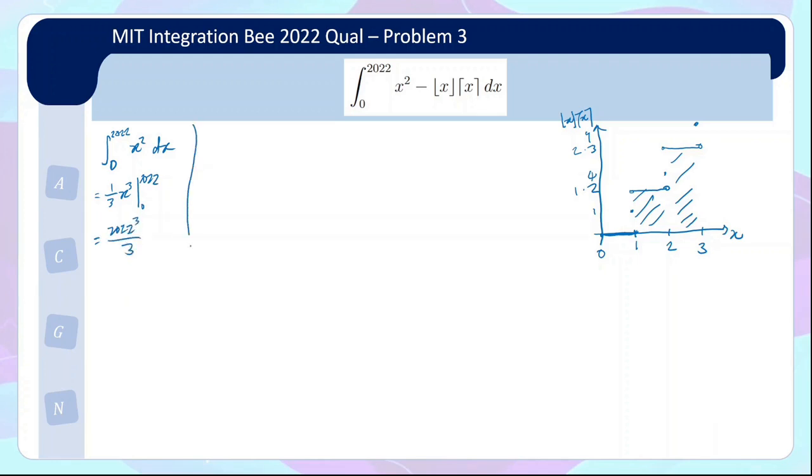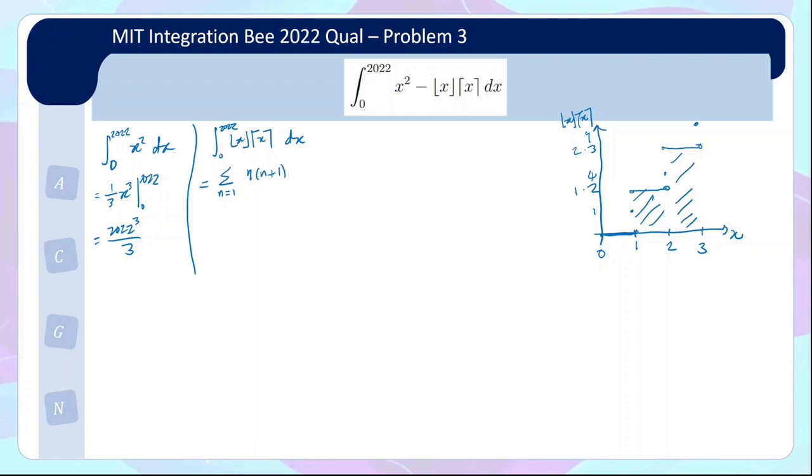And then on the other hand, you want to evaluate the integral of floor x times ceiling x, and this can be written as the sum from 1 to something that we'll figure out of n times n plus 1.